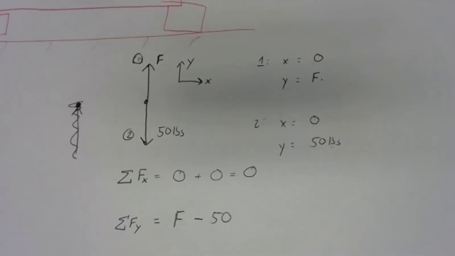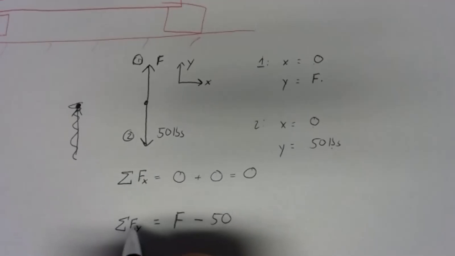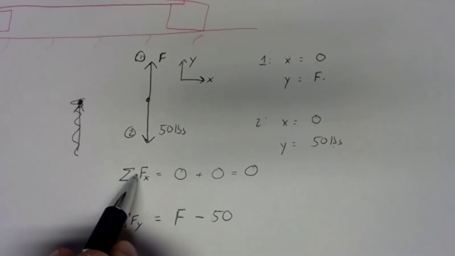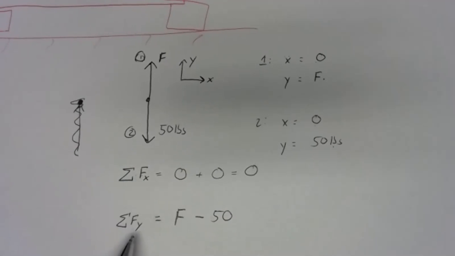But we've got one more piece of information. We know this system is in equilibrium. And that tells us something very important. It tells us that these sums must be 0. The sum of forces in the x direction must be 0, and the sum of forces in the y direction must be 0.